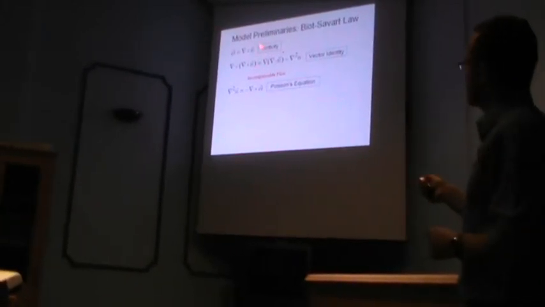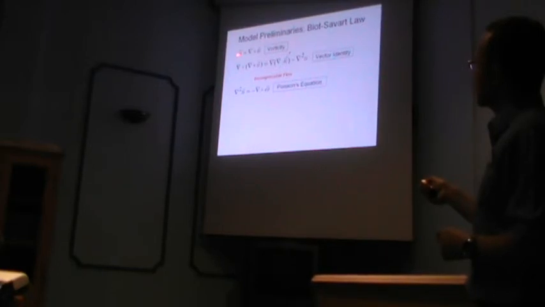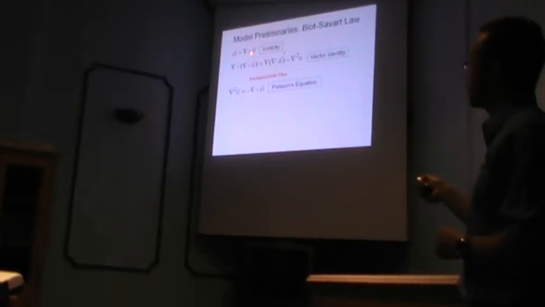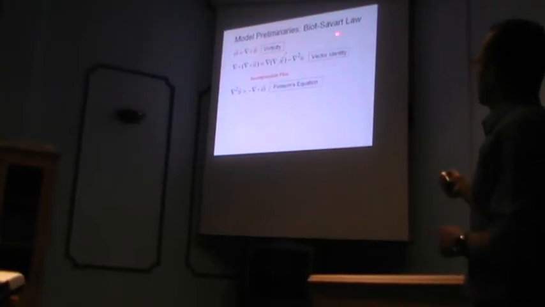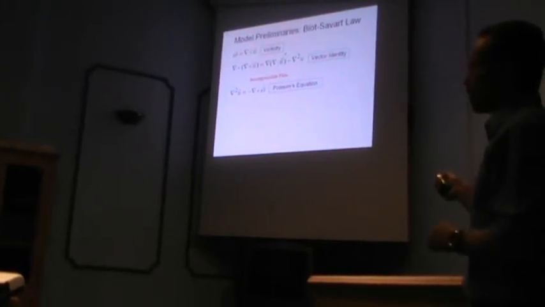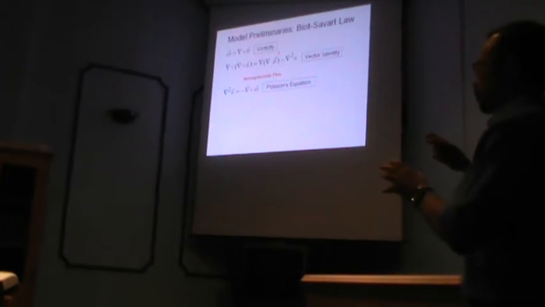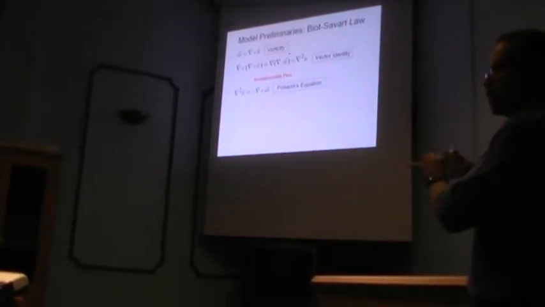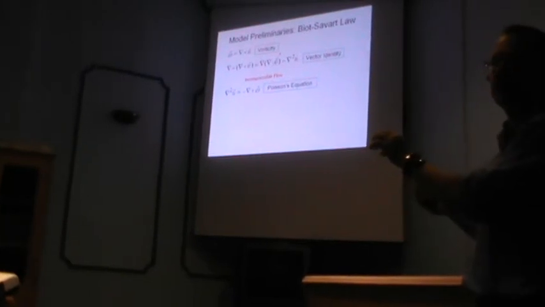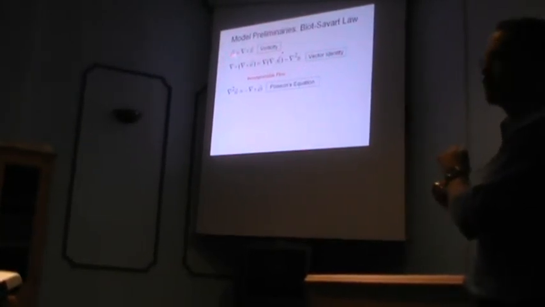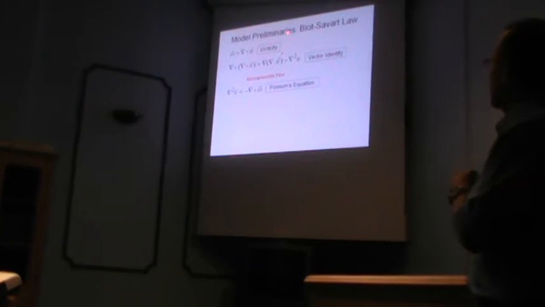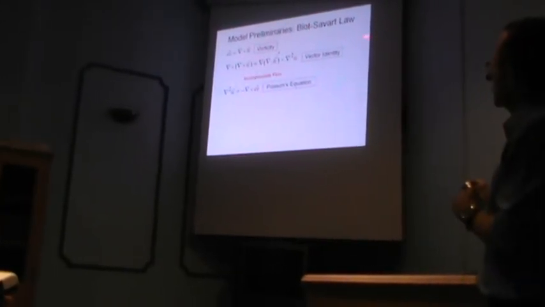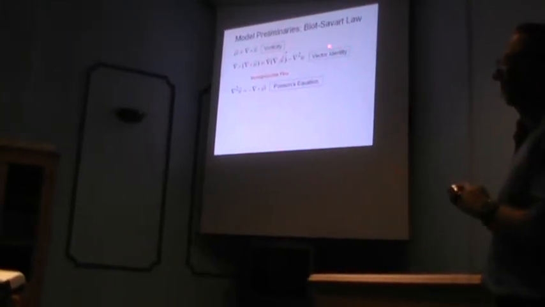If you know the velocity field, you can calculate the vorticity field out of it just by taking the curl of the velocity field. However, in our model, we will prescribe the vorticity and we want to calculate the velocity out of it. So, in effect, we want to invert this equation. And the inversion of this equation is what we call the Biot-Savart law.